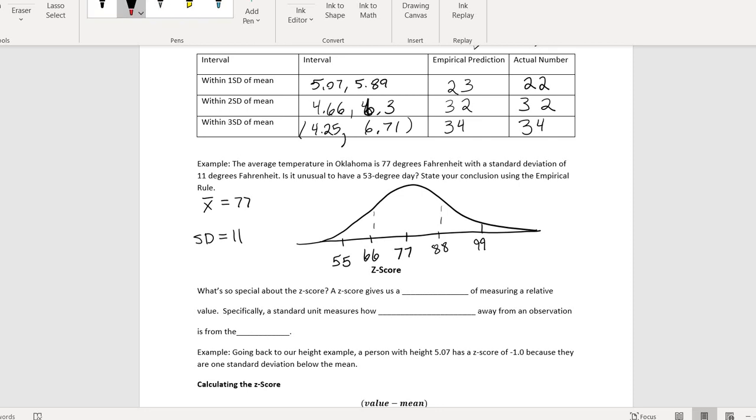Now, that 53-degree day would actually be down here, so it would fall in that weird 2.5%. So it would be unusual. And the reason it would be unusual is because it's more than 2 standard deviations from the average.